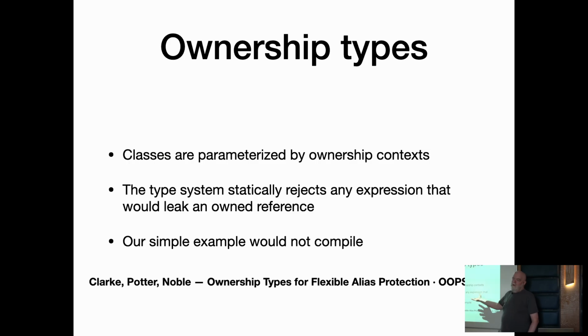So our example would not compile in a language like that. This is an OOPSLA paper from 1998. One needs to see that this type system makes it a bit complex to express things, because I cannot reference inside of an object at all. So it's not really a practical type system, but more like a research prototype.